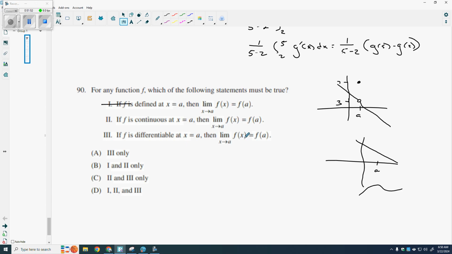No, not possible. These have to be the same if it's continuous. Which of the following must be true? Number 2 must be true. F is differentiable. Well, that one's a no-brainer, because differentiability implies continuity. If a function is differentiable, it is continuous, and if it's continuous, we just said it has to be true. So letter C.